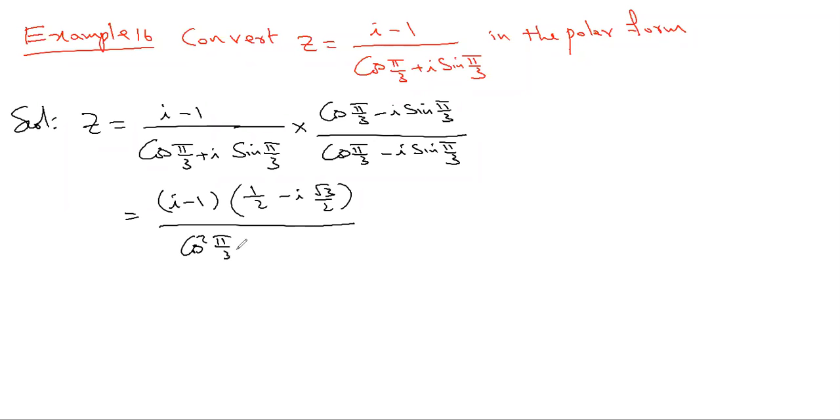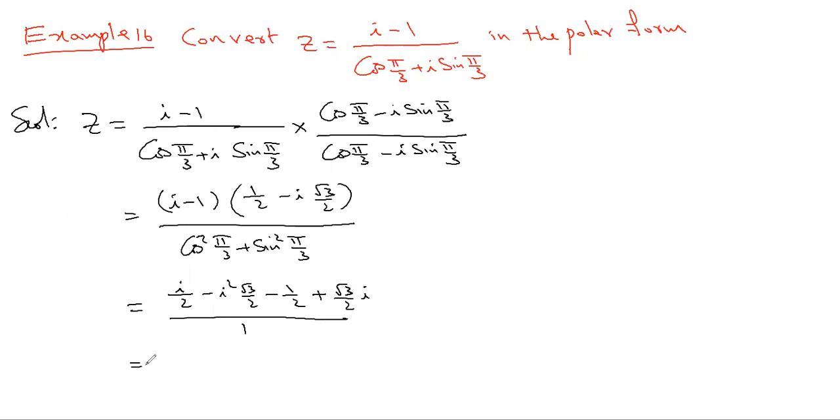Numerator, if you do the simplification, i into 1 by 2 minus i root 3 by 2 minus 1 by 2 minus, means plus root 3 by 2 i, whole divided by 1. Now this i square is minus 1, so we get root 3 minus 1 by 2 plus root 3 plus 1 by 2 i.